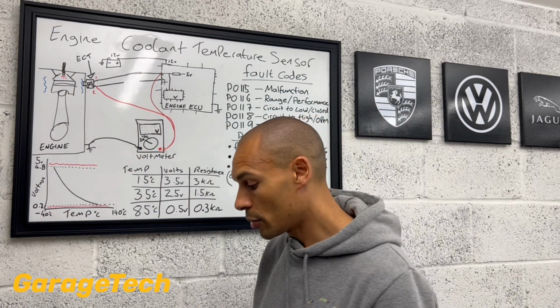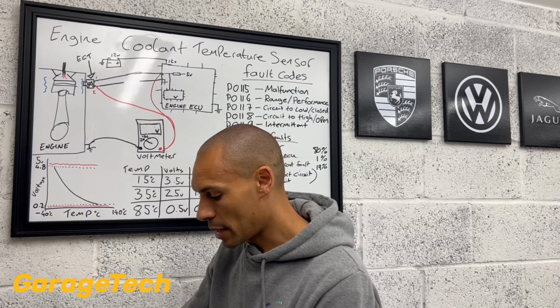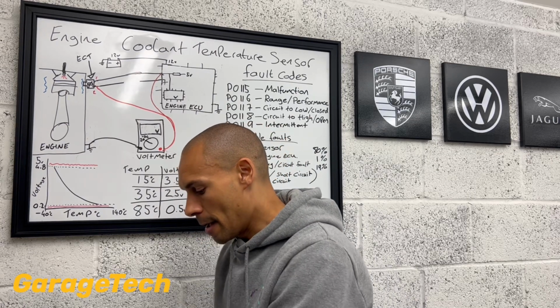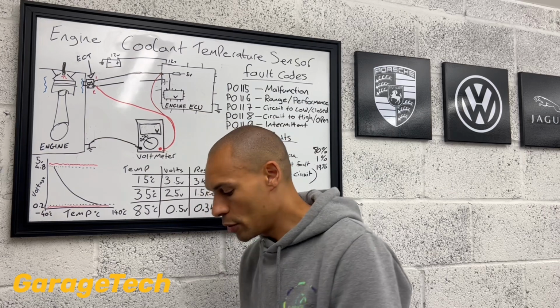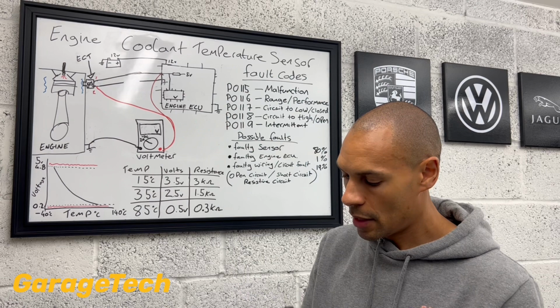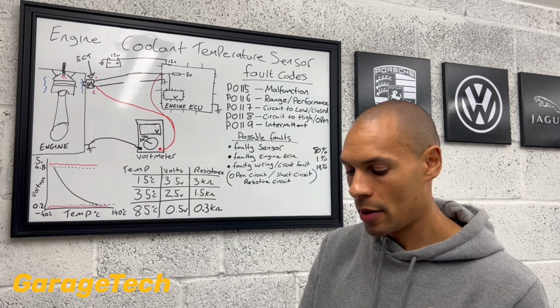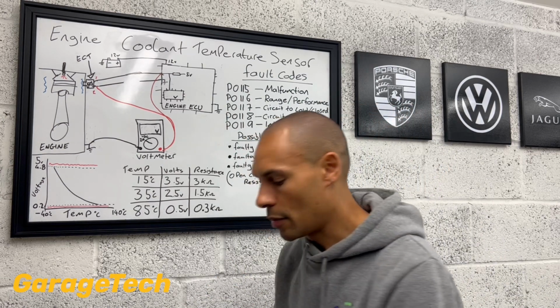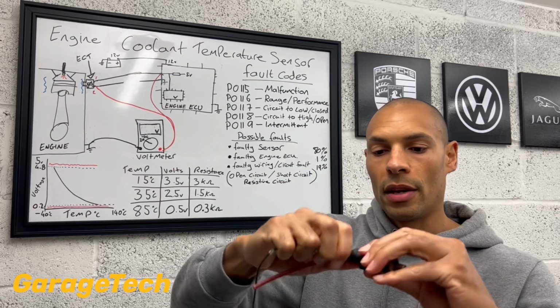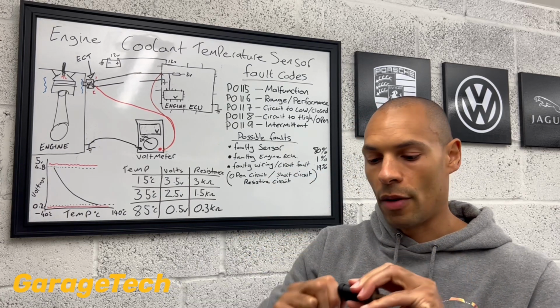And don't forget, when I talk about measuring this voltage at the temperature sensor, sorry, I've got loads of bits and pieces on my bench here. Don't forget, you're checking this now with it still plugged in, and you're going to use some sort of back pin like this. It's got a rubber boot on it, so just pull that rubber boot off.